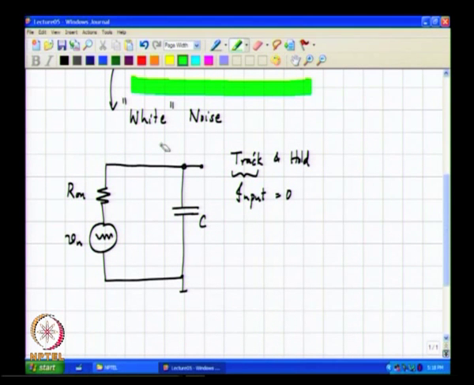So, as far as the output voltage is concerned, it is nothing but a low pass filtered version of whatever noise there is in the resistor. You understand? And this noise source is often also called thermal noise because the origin of this effect is the random motion of electrons, which depends on temperature.